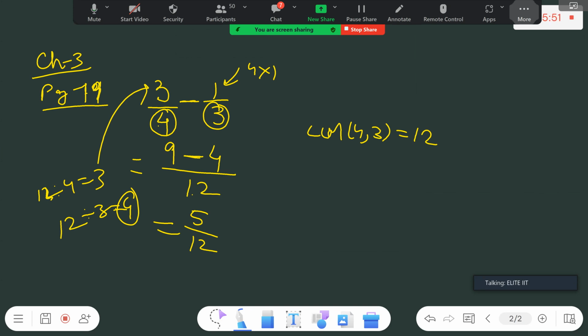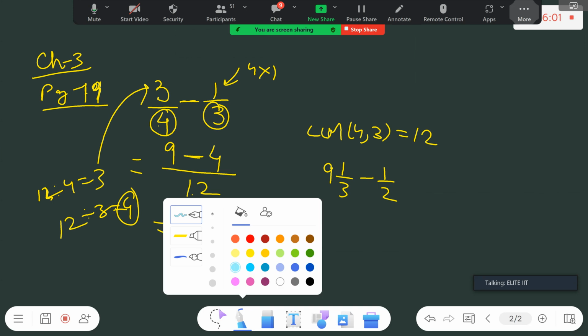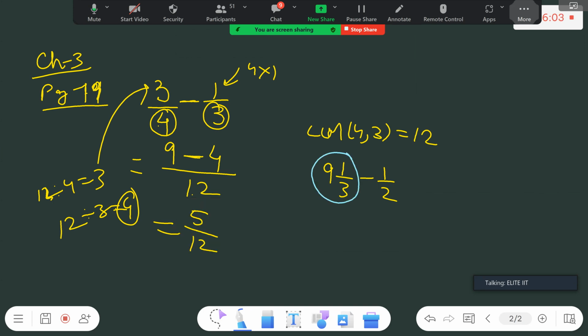Next what? And if you have something like this, always first convert your mixed fraction to an improper fraction. How to do that? 9 into 3 plus 1, isn't it? That will give you 28 by 3. 28 by 3 minus 1 by 2.